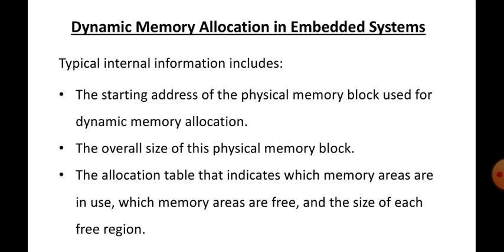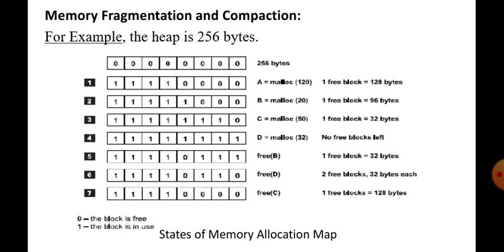Memory management in the context of this chapter refers to the management of a contiguous block of physical memory. Although the concepts introduced in this presentation apply to the management of non-contiguous memory blocks as well, we use the following example. This is the example for memory fragmentation and compaction.